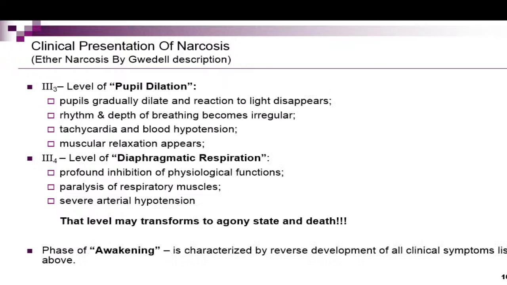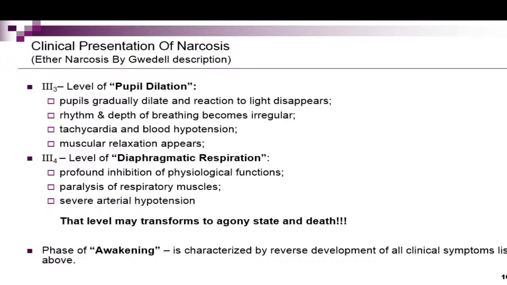Third level of the surgical sleep is a level of pupil dilation. Pupils gradually dilate and reaction to light disappears. The patient has mydriasis and his eyeballs stop in central position. Rhythm and depth of breathing becomes irregular.